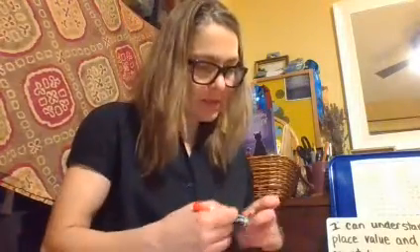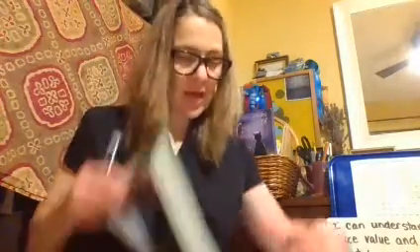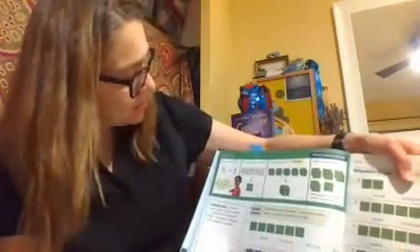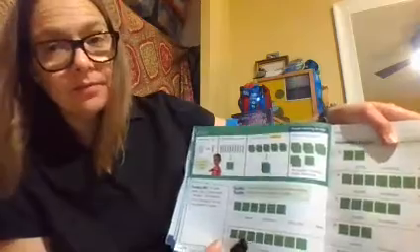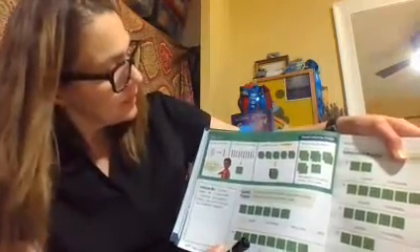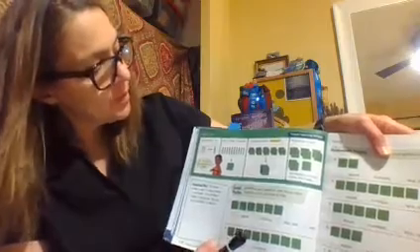and we're going to do the visual learning bridge together. It explains that 10 ones make 10, 10 tens make 100, 10 hundreds make 1,000.